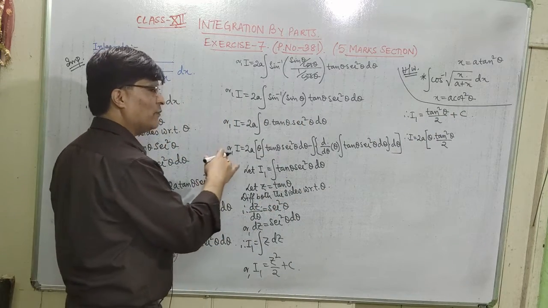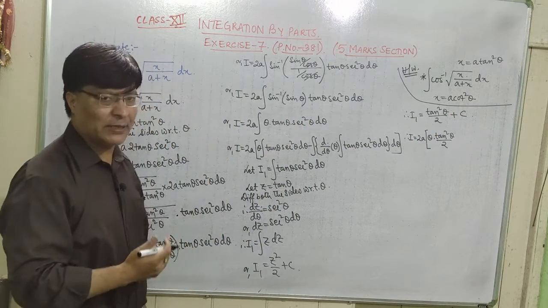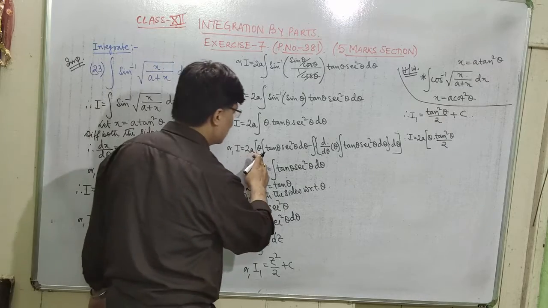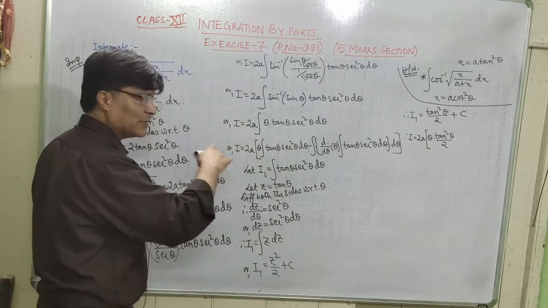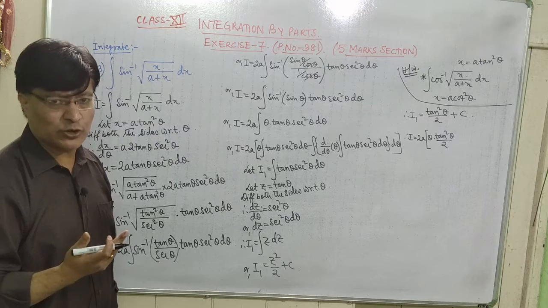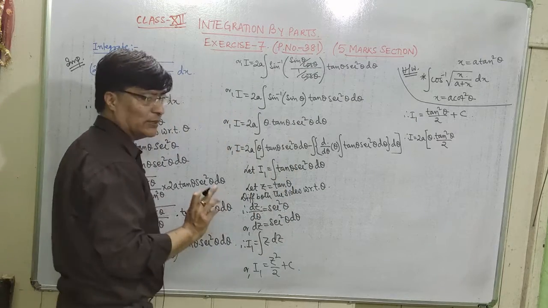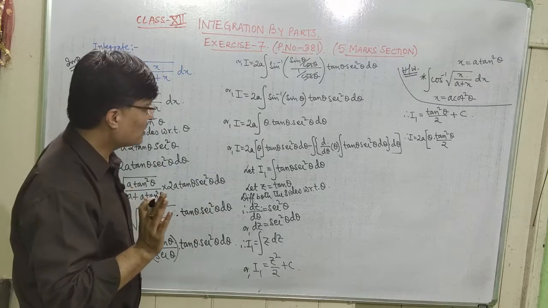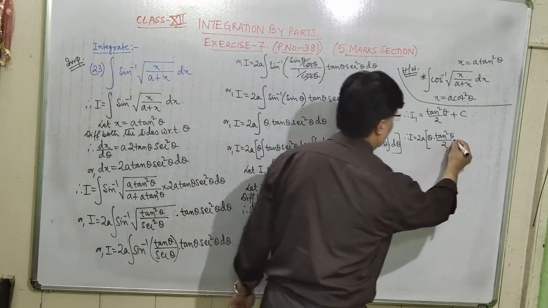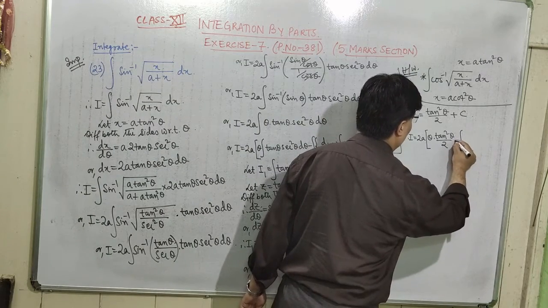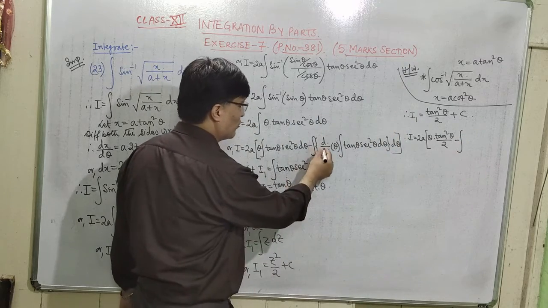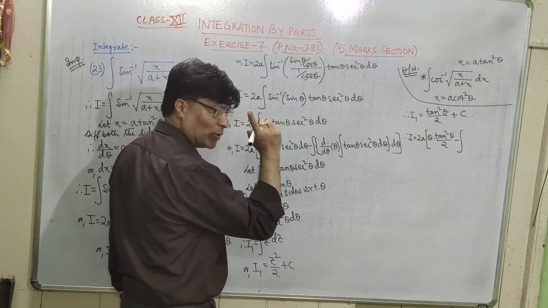Whenever we did the previous problem, we directly integrated that function, but we don't write c out there, isn't it? Is that clear? So minus integration of, what is d by d theta of theta? That is 1.